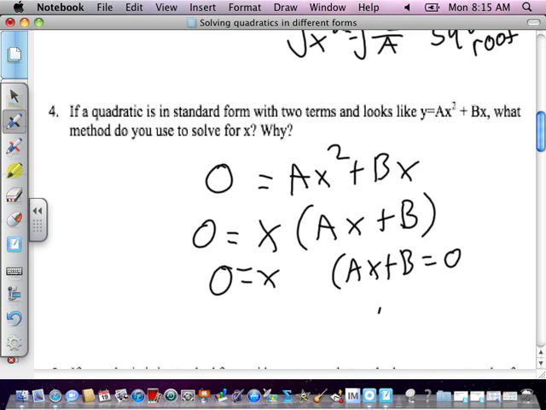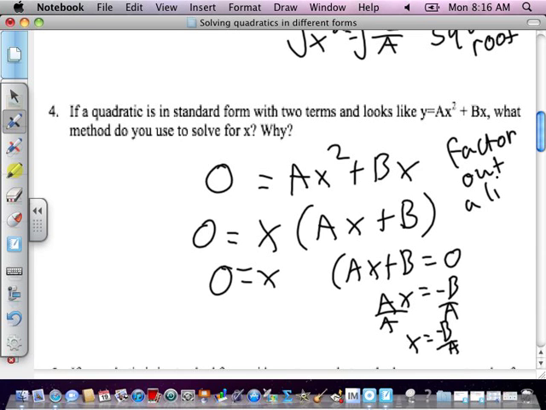We could solve by saying ax equals negative b, divide by a. We factor out a like term. Okay, we factor out a like term.